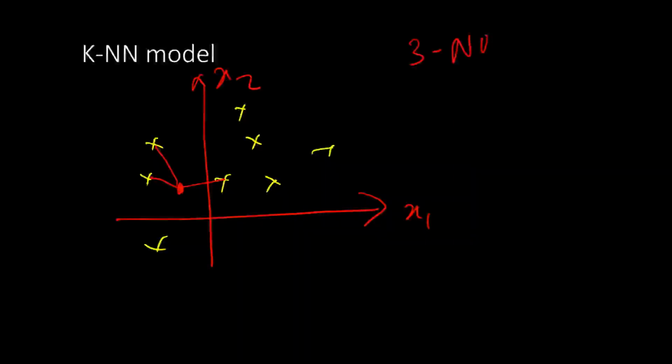It can also be 5 nearest neighbors. So this K is a hyperparameter. We can find the 3 nearest neighbors, and we will take the average of the 3. If it is regression, then the level is the average of the 3. If it is classification, then it is the voting of the 3. We will take the average decision of the 3 nearest neighbors or the 5 nearest neighbors.